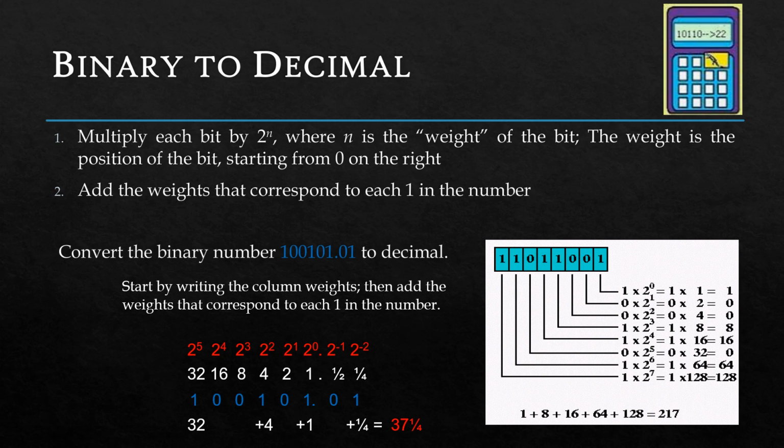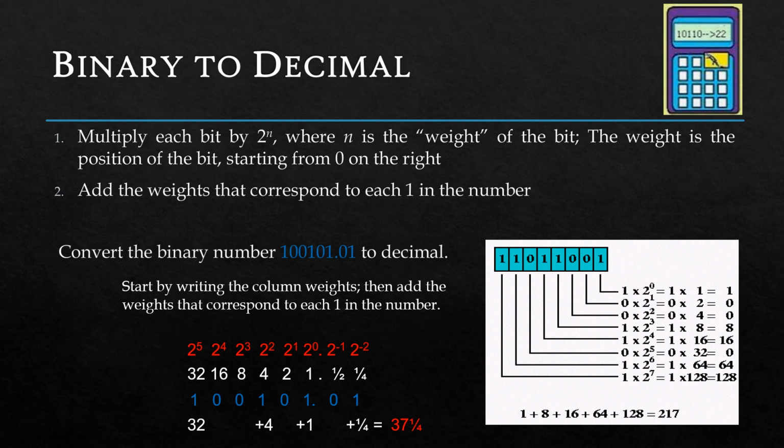So the method is, first multiply each bit by 2 raised to n, where n is the weight, then add the weights that correspond to each one in the number.